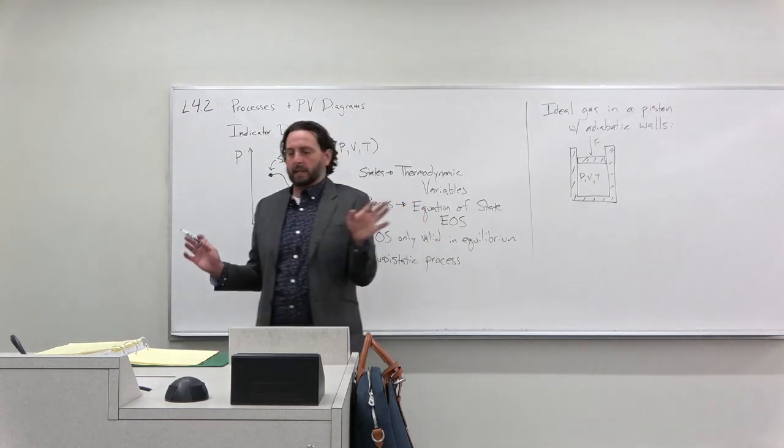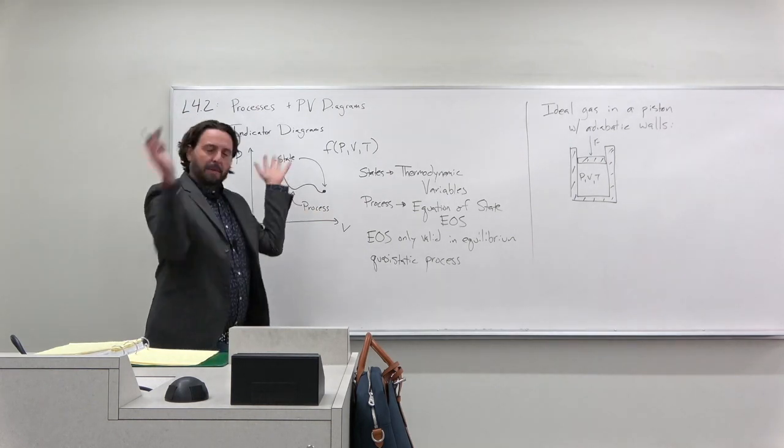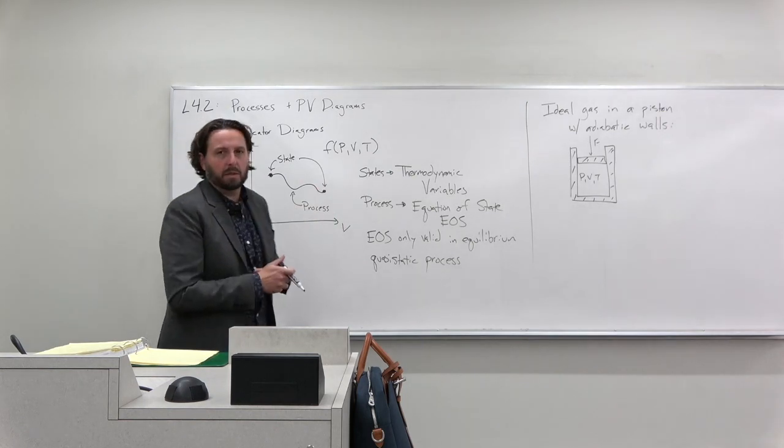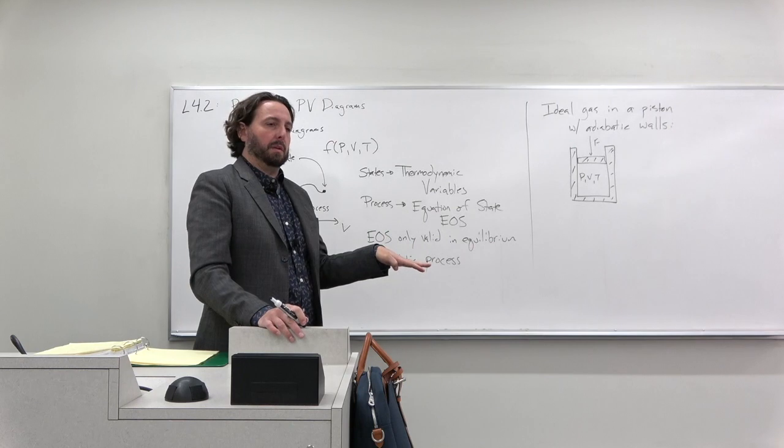Now imagine the opposite scenario, where I just plunge my plunger rapidly. My entire system is swirling and out of equilibrium, but if I wait long enough, it settles back down into equilibrium.